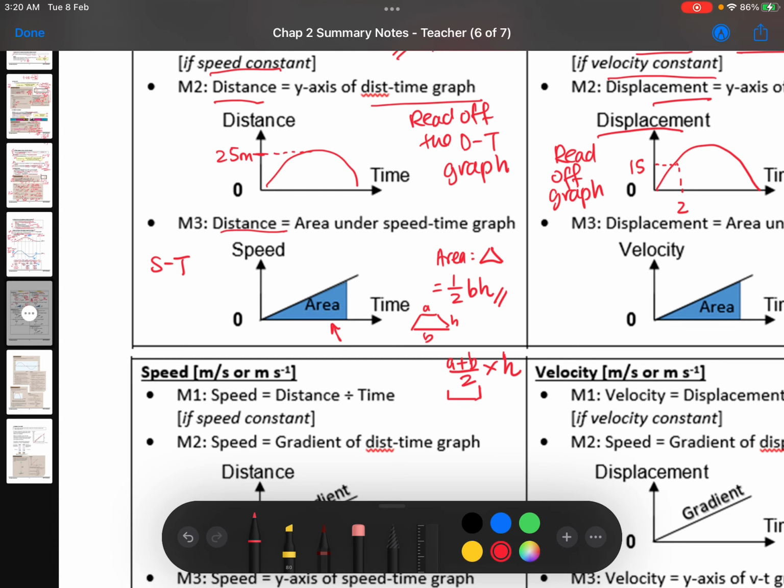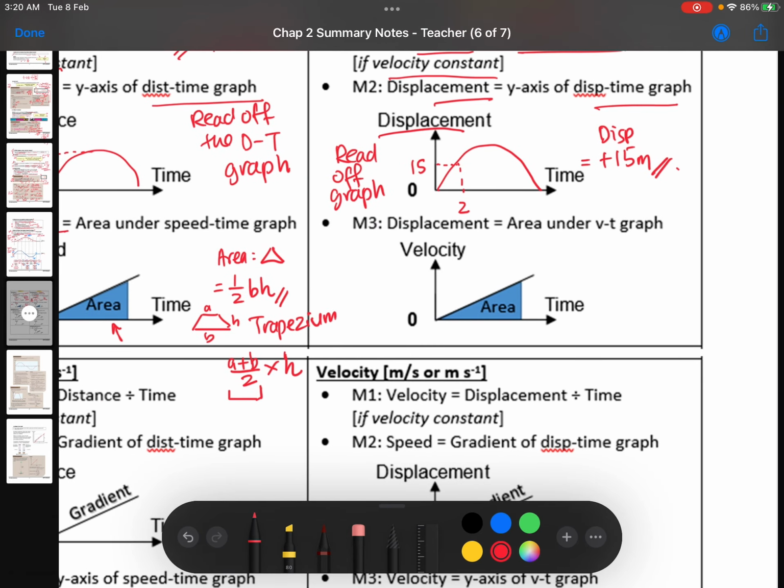But in the case of area, if it turns out to be a trapezium, you merely use this formula, A plus B divided by 2, to get the average length. Then you have length times height, then you can get the area under the graph. Okay, so sometimes you encounter that. You can see the subsequent examples. Similarly, for a velocity time graph, you can find the displacement by looking at the area.